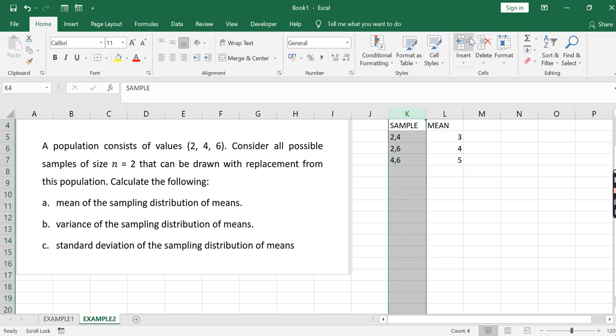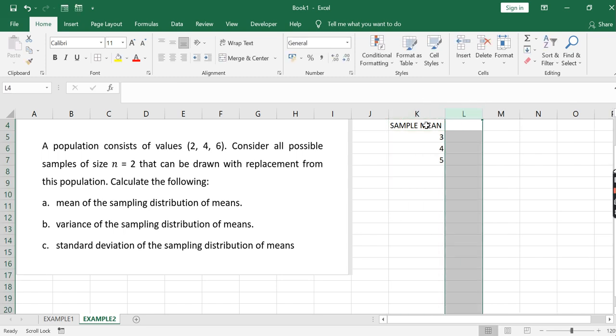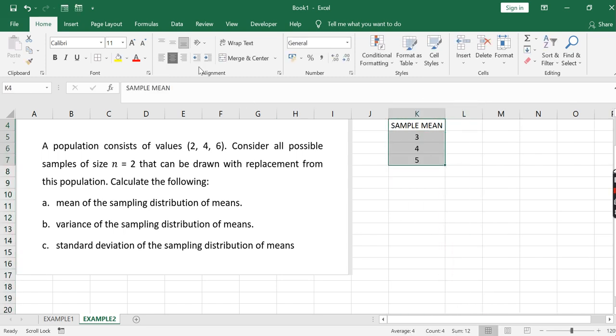These means are called the sample means, because they came from the samples.